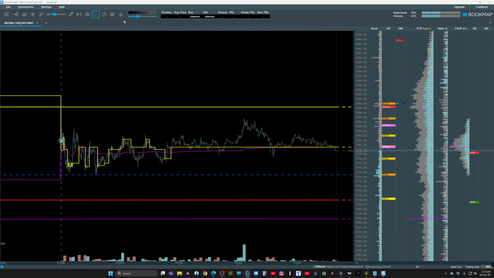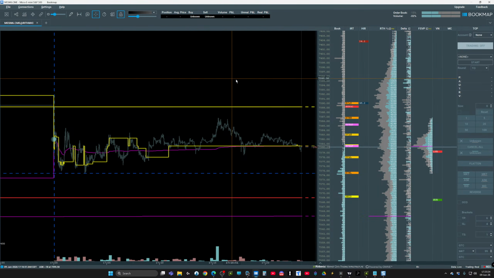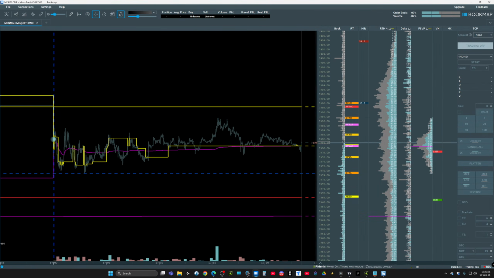So in order to trade with Bookmap, you need to activate the trade control panel and pick an account.